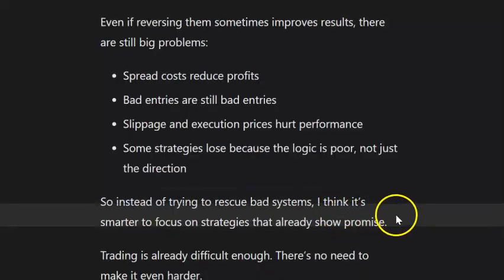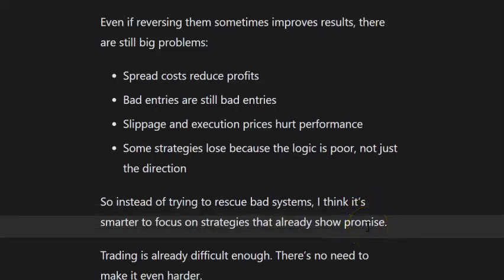So instead of trying to rescue bad strategies, I think the smarter, more logical, sensible way is to focus on strategies that are already working and showing good results in the backtest.